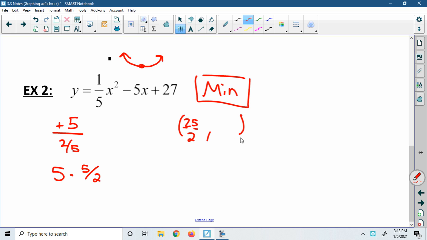So 25 over 2, as a decimal, that would be 12.5 if you like it better. When I plugged that in for my x values into my function, I got negative 4.25 for my y value. So that one's a little bit trickier just because of the messy numbers. You don't get nice whole numbers for your answer there.